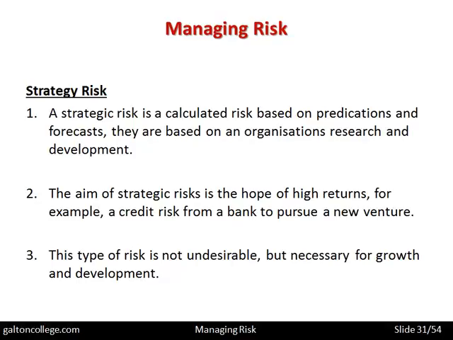So the example about going to the bank and buying the machine only to find that the extra output was not required, that was when it goes wrong. But if the entrepreneurs got it right, if the business managers got it right, then buying the machine could lead to extra sales, greater share of the market.